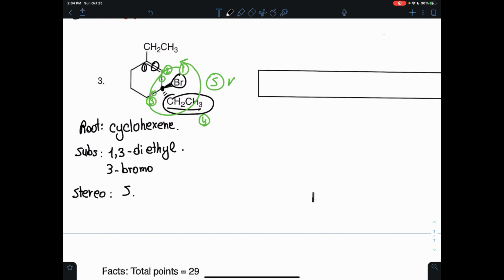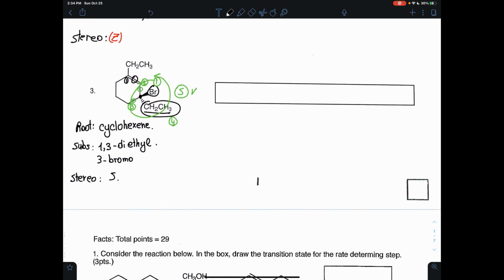Anything smaller than 8 carbons is assumed to be in a cis format. Remember, she discussed that in class, and she says that cyclic rings smaller than 8 are more stable in the cis configuration. So that's why you don't have to put Z. And when I say cis, I mean Z, right? Z and cis are the same, but we use Z in nomenclature. Just keep that in mind.